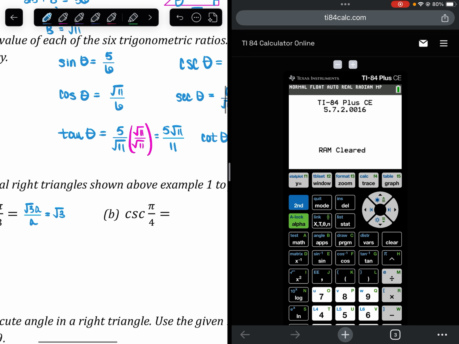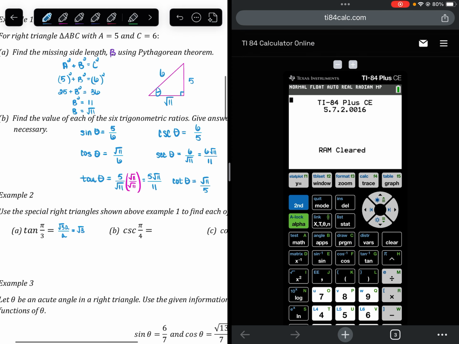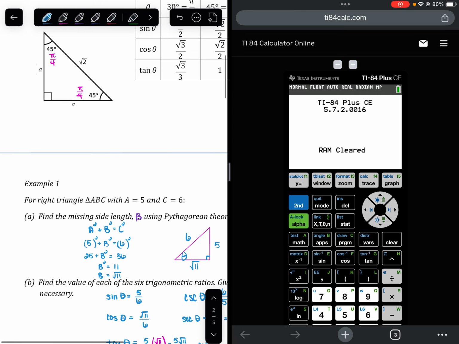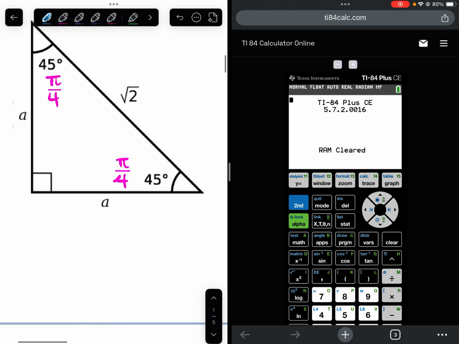All right, second one, cosecant of pi over 4. Cosecant of pi fourths, also in radians. Pi fourths is your 45. Notice they're the same angle, so it doesn't really matter which one we look at. Let's go with this one here. Cosecant is the reciprocal of sine. The S's and C's pair up together.